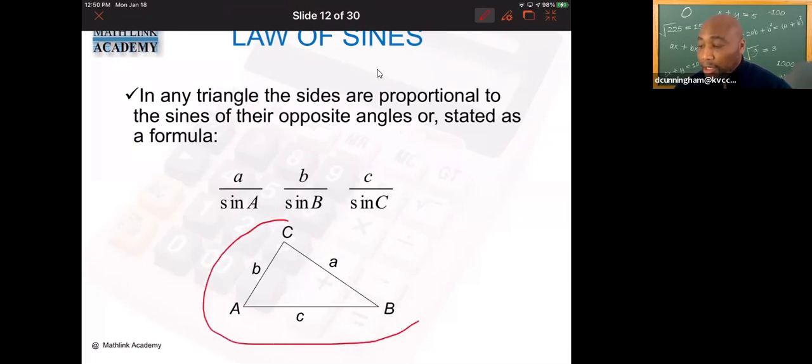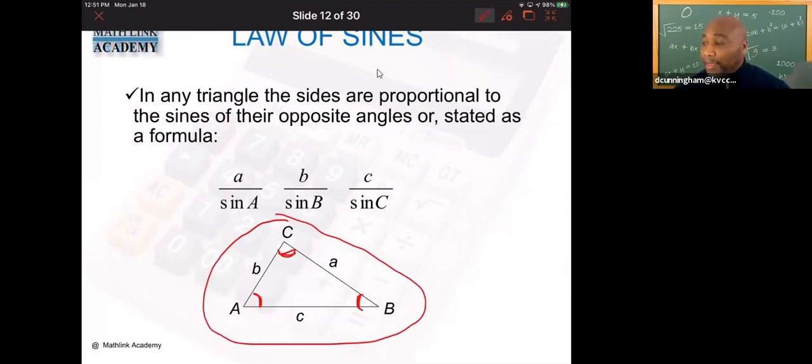In this case, this is our triangle. And our angles are going to be capital letters: capital letter A, capital letter C, and capital letter B. Now, when we do oblique triangles, or pretty much any triangle, we want to have the sides, lowercase letters, that are opposite to the angle.